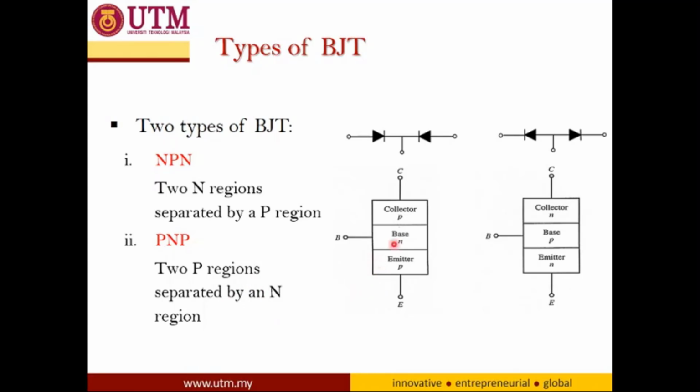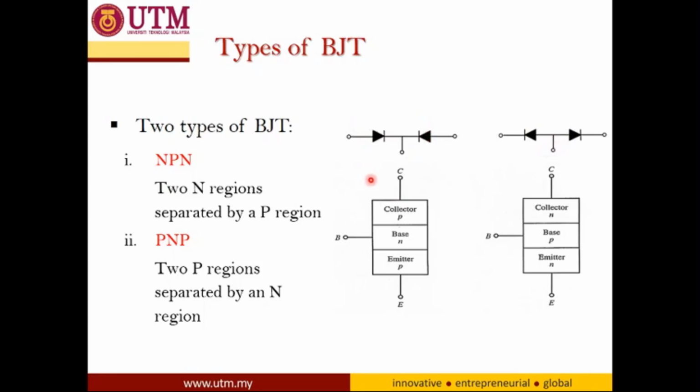Okay, so in terms of the equivalent circuit of the BJT, if you consider the PN junction as a diode, you can have an equivalent circuit something like this.